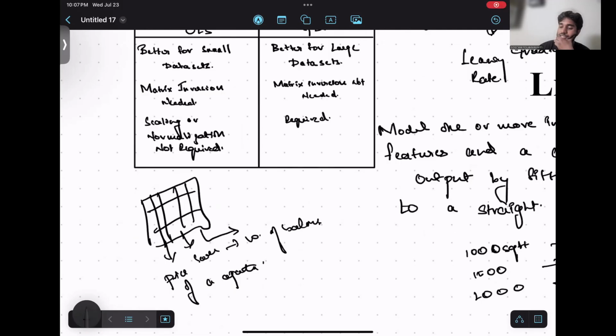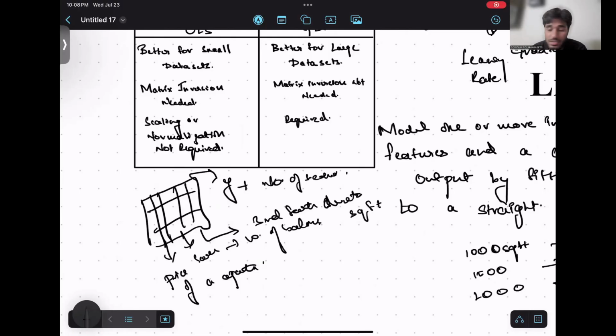The third feature denotes square feet. And this denotes Y, which is equal to the number of bedrooms.